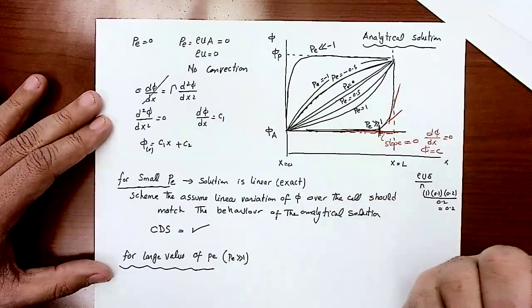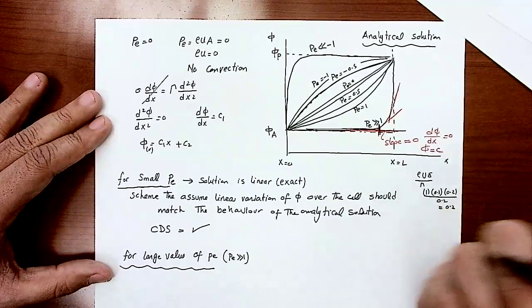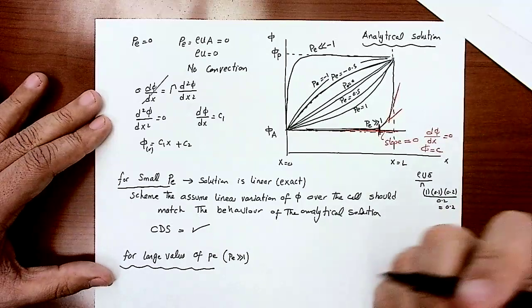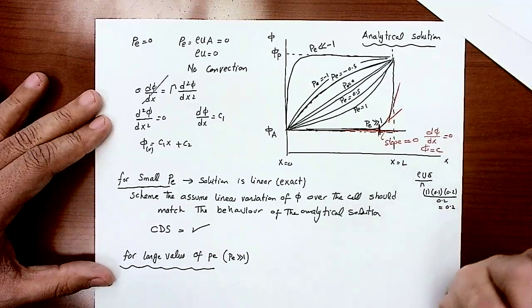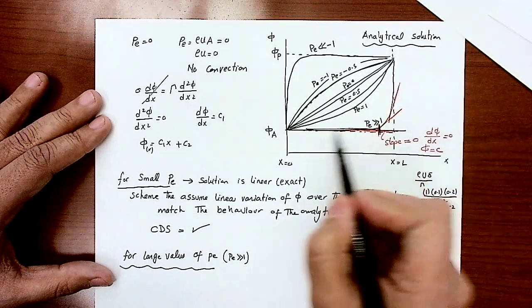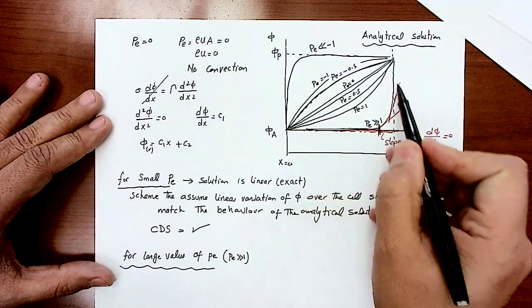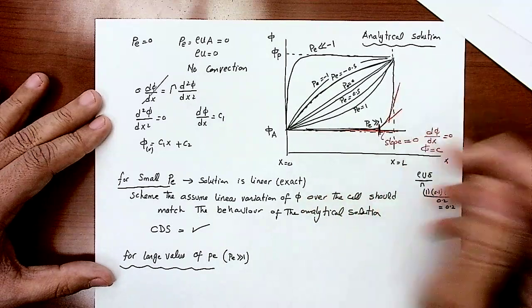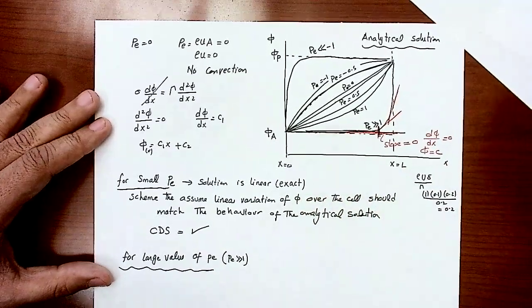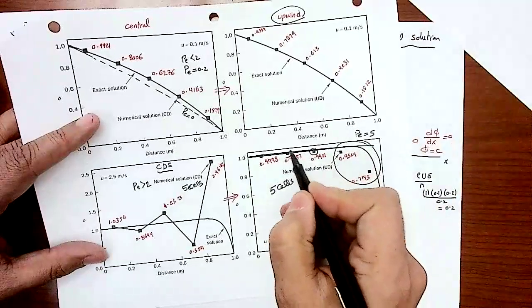In the example, the Peclet number was 5. That's a high Peclet number. So the Upwind scheme, which assumes that the property phi is constant over the cell, shows a very good contribution up to the level when the slope of the solution starts to change. You may be getting a little bit of an error even with the horizontal slope, right? It's not really overlapping exactly.